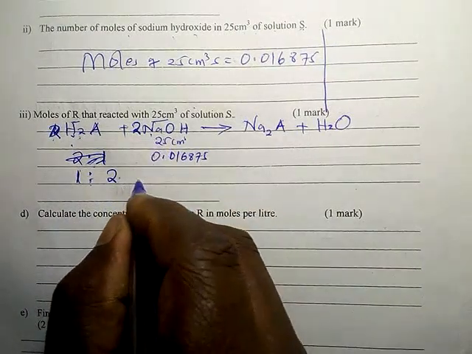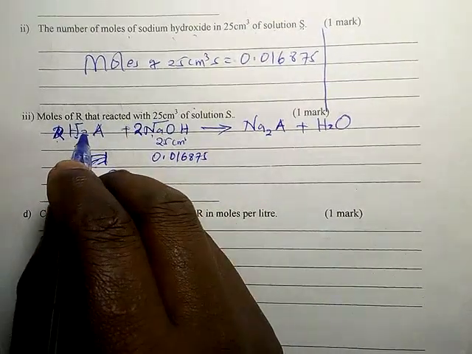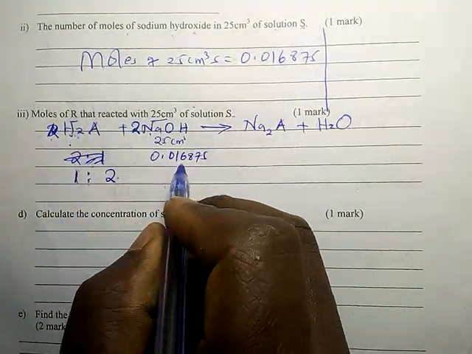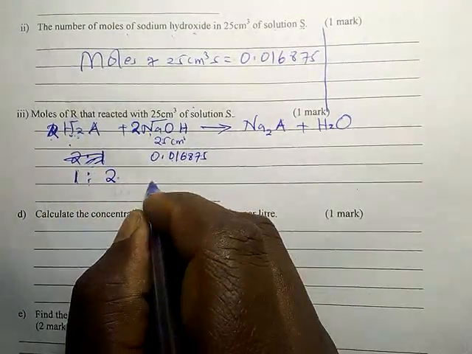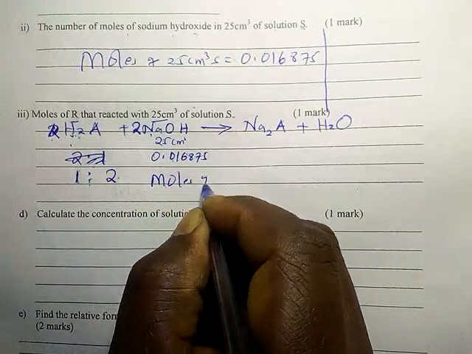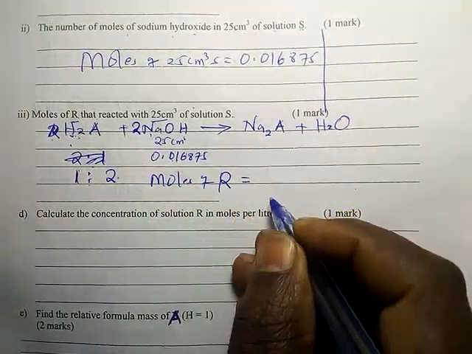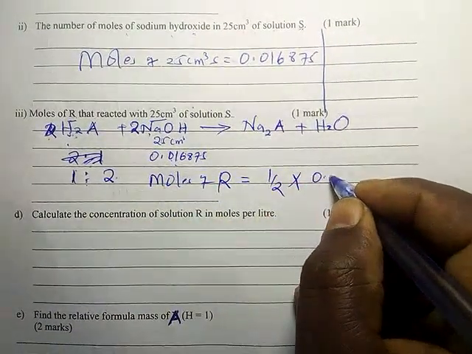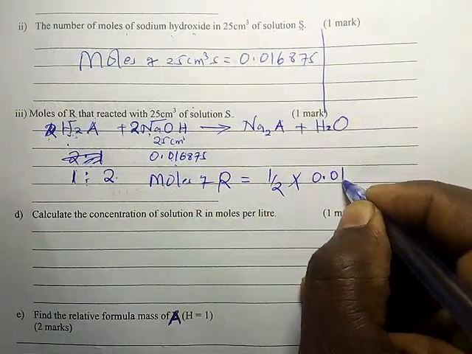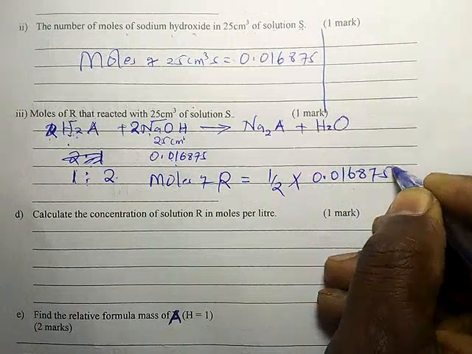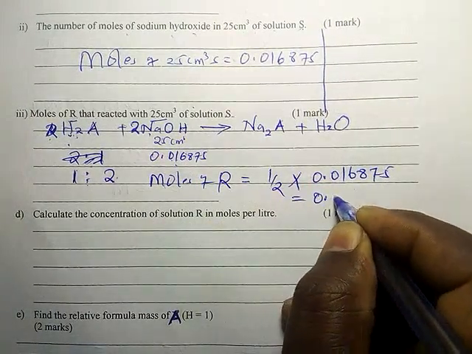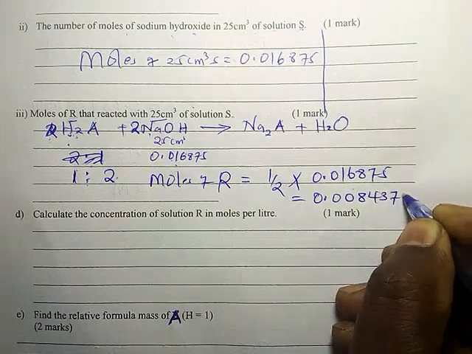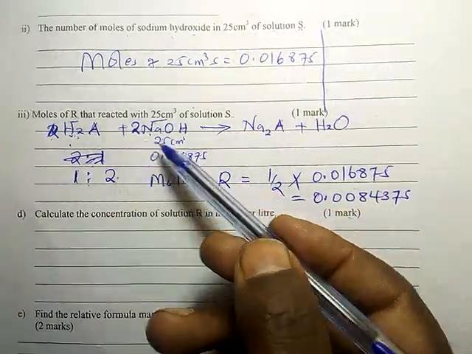It means the number of moles of the acid is a half the number of moles of sodium hydroxide. Therefore, moles of R equal to 1/2 times 0.016875. Now this will give us 0.0084375. So moles of R ni hiyo.